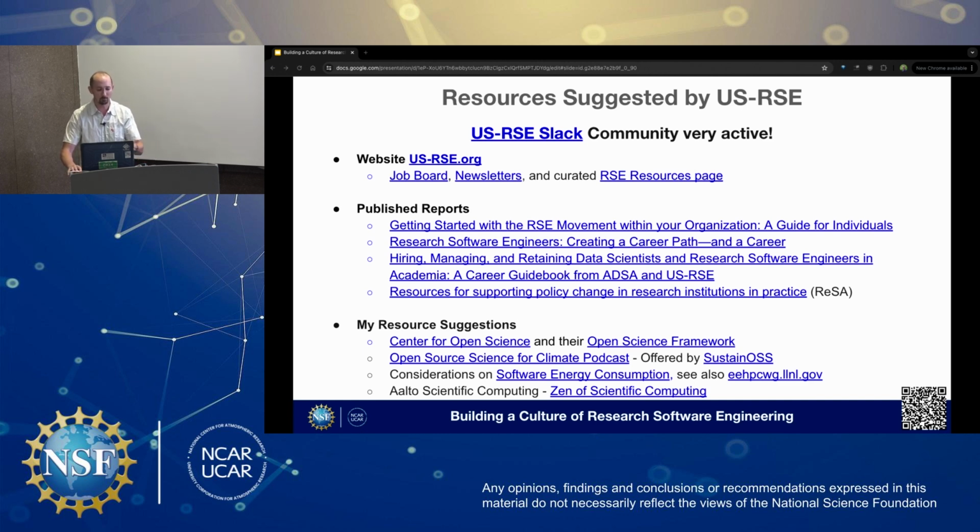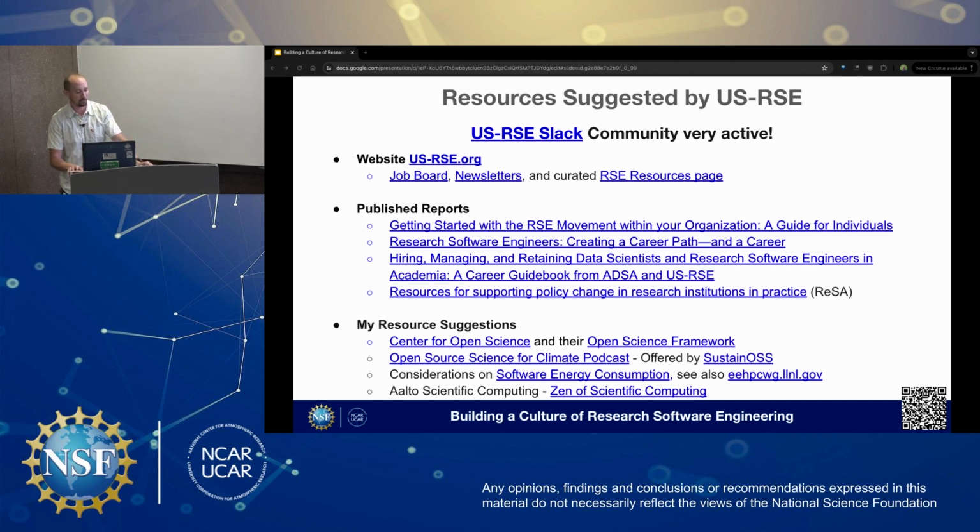Another one, done by Visa and not necessarily by USRC, was resources for supporting policy changes in research institutions around supporting RSCs. Navigating how we make these incremental changes within often bureaucratic and slow-to-change organizations is important towards figuring out how we convince folks to buy into this process. And there are useful discussions in these reports to learn about that.